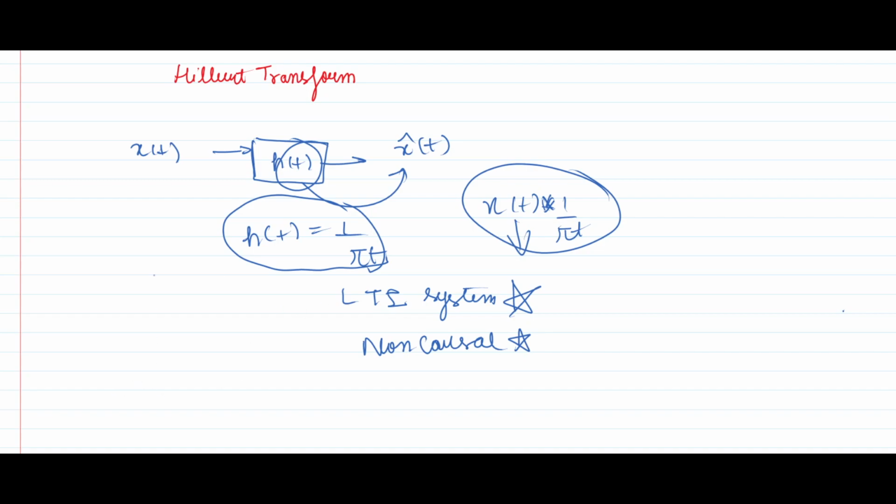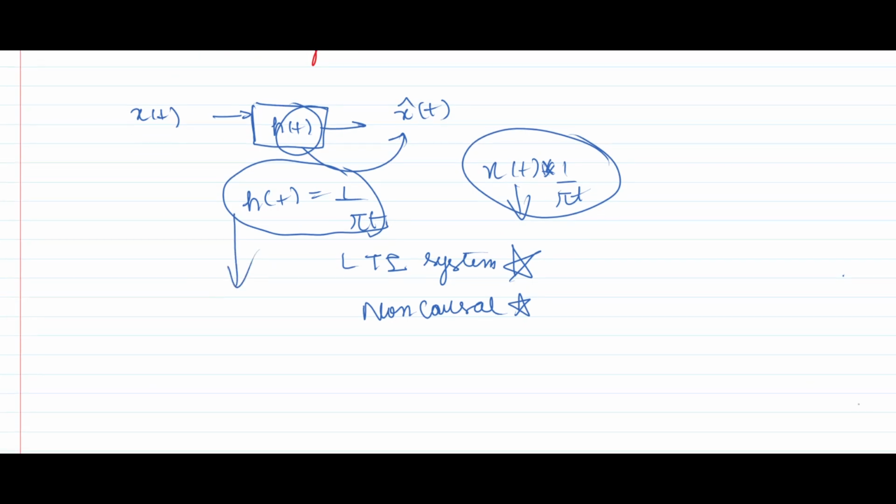Now let us convert it into frequency domain and check out what is really happening, because you can't know what is happening when you are working in the time domain, because you can't have the graphical view. But when you convert it into frequency domain, you can very easily have a graphical view of it and understand what is really happening.